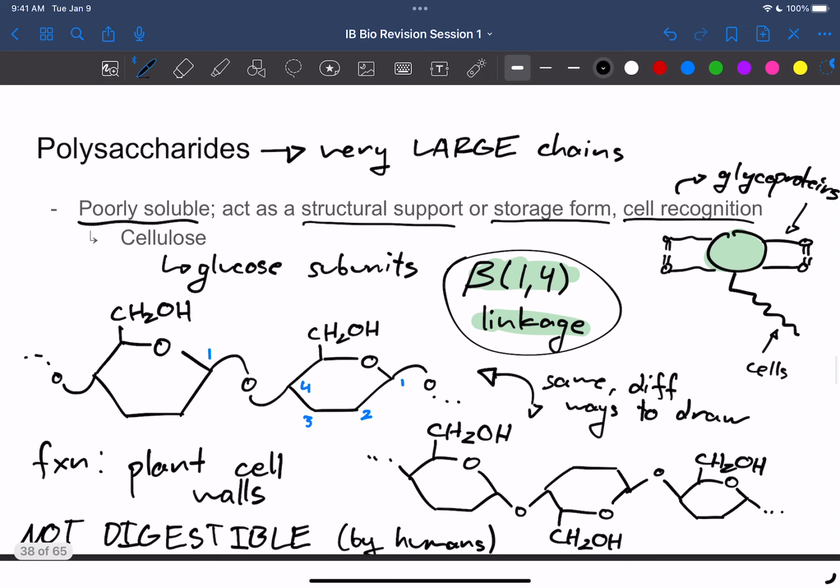Oh, and another thing about cellulose, it's a single chain. This is unbranched. I mentioned this before. And one thing cellulose can do is form a double helix, which is a very special property it has.